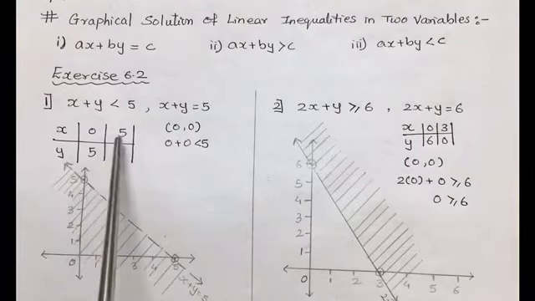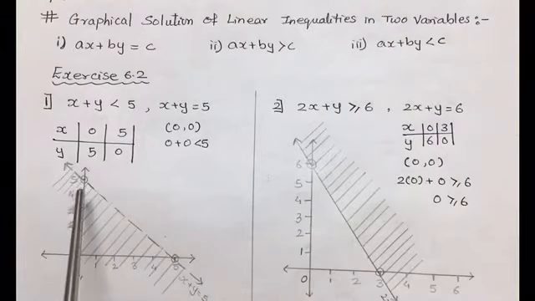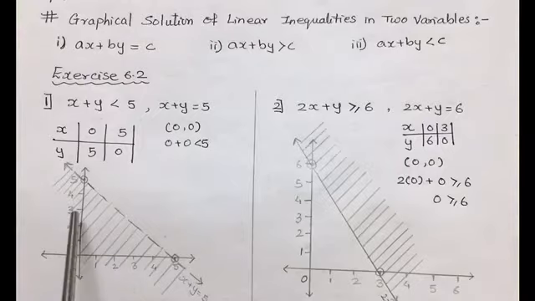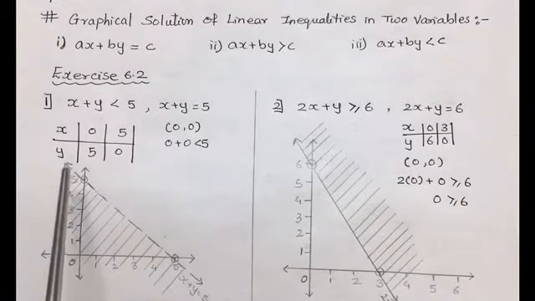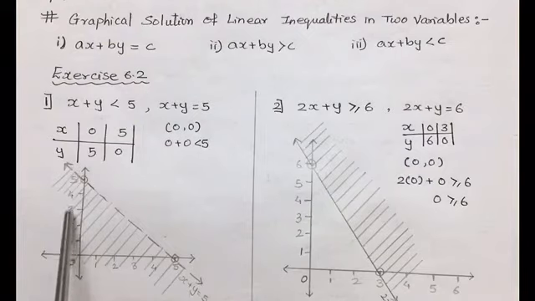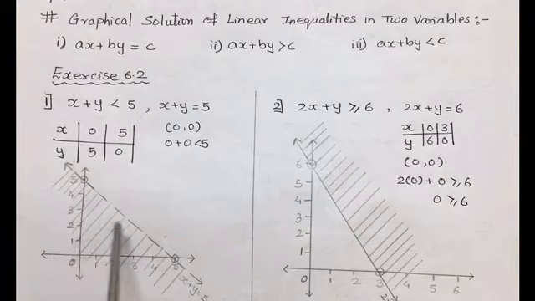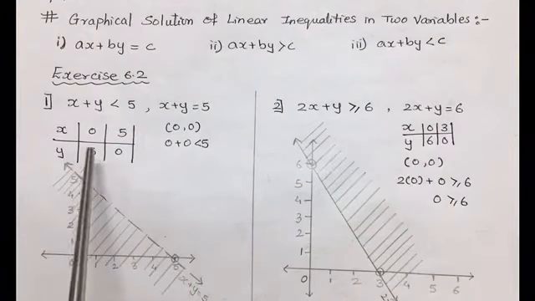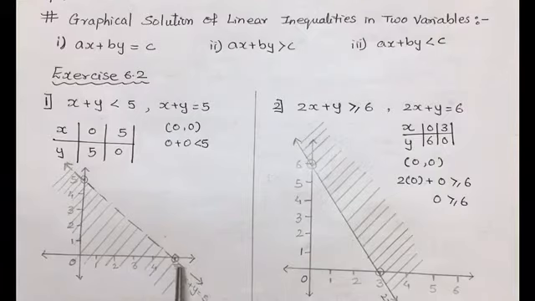Now as both the values are positive, we have taken up only the positive axis of x and y. Plotting 5 in x-axis and 5 in y-axis. Plotting the points, 0, 5 lies on y-axis and 5, 0 lies on x-axis.